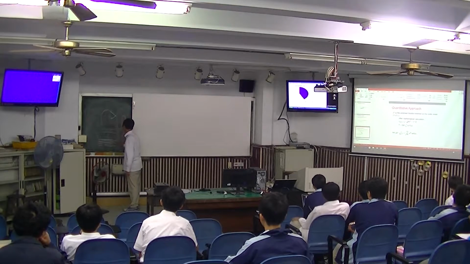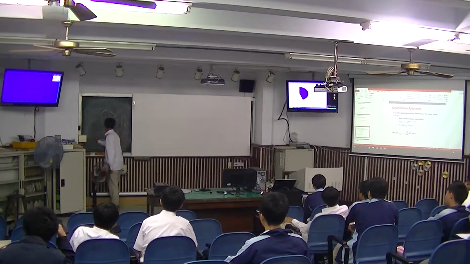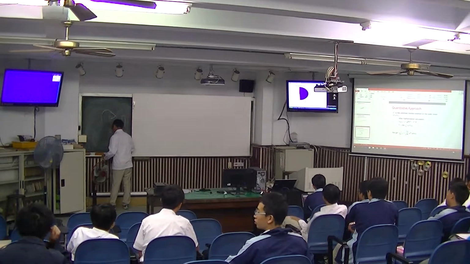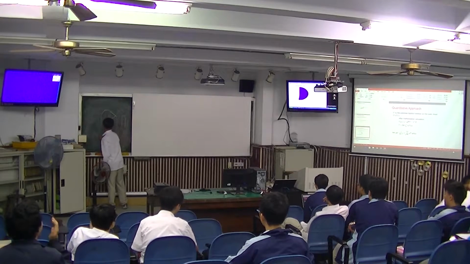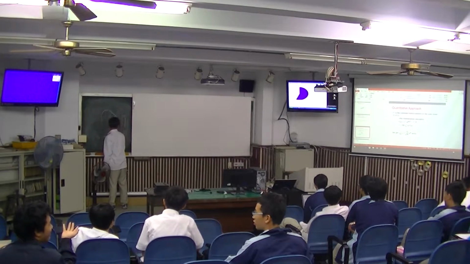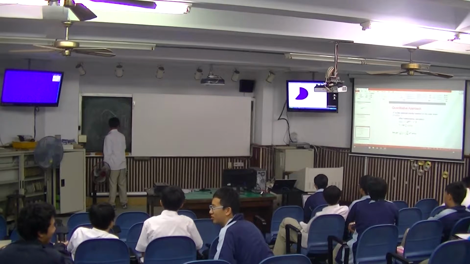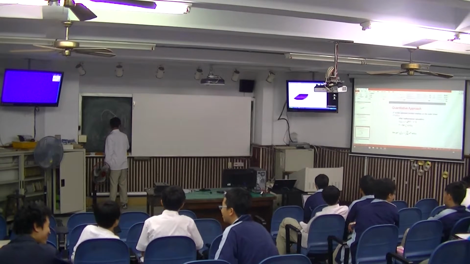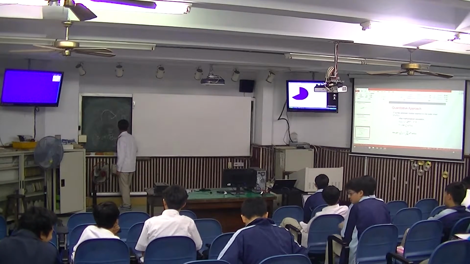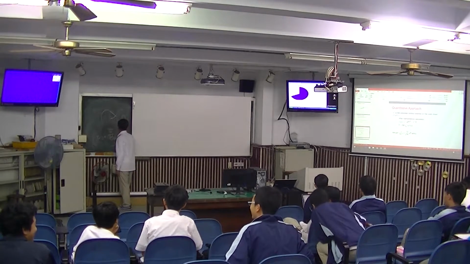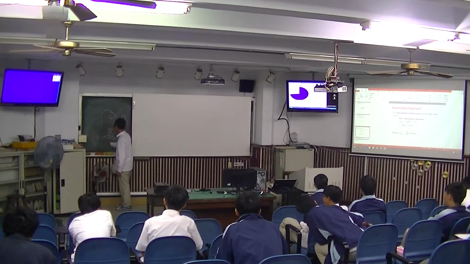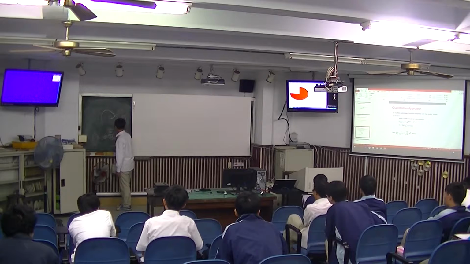From this formula, we can see that T equals, oh wait, you can see red, so T equals this, and so when we change F, the other is constant.